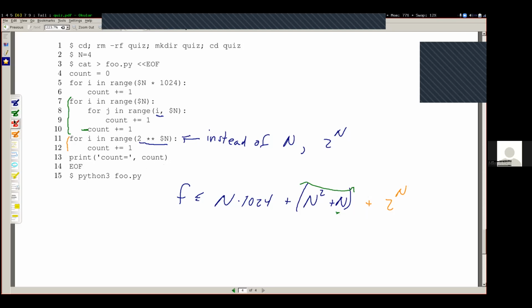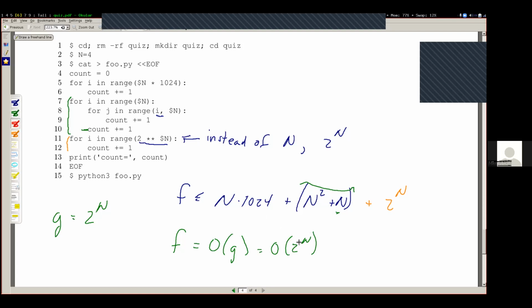And now, if we use as a g value g equals 2 to the n, we'll see that that's the best that you can actually do at this point. And we would simplify this to f equals O of g equals O of 2 to the n.